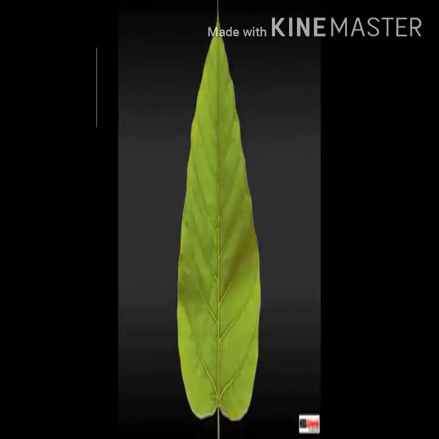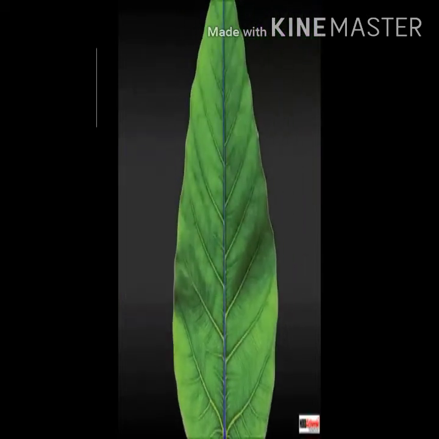The flat and broad part of the leaf is called the leaf blade. The leaf blade is attached to the stem of the plant through a tiny stalk called the petiole. The petiole takes the water from the stem to the leaf blade. A thick line runs the center of a leaf towards its tip.